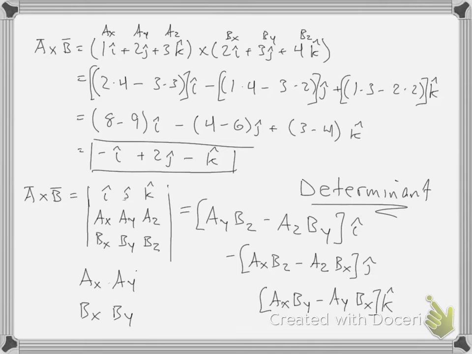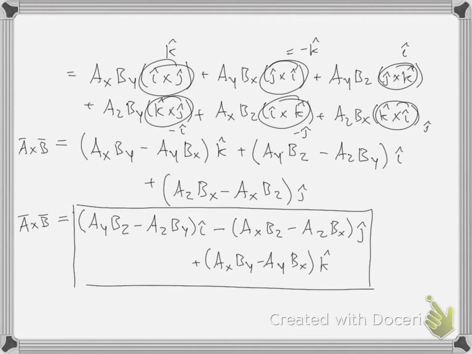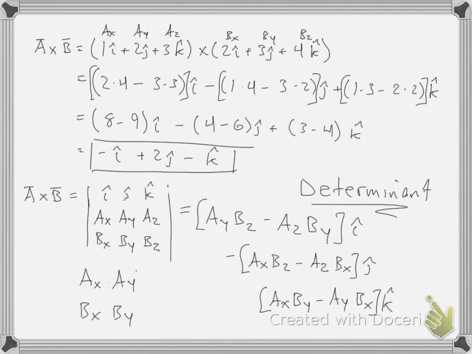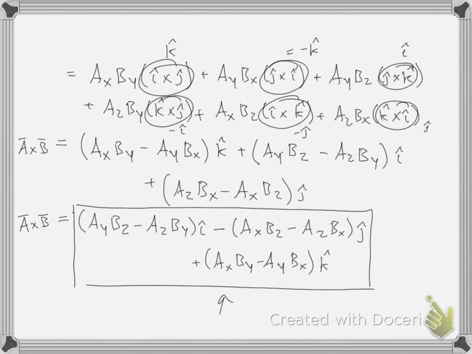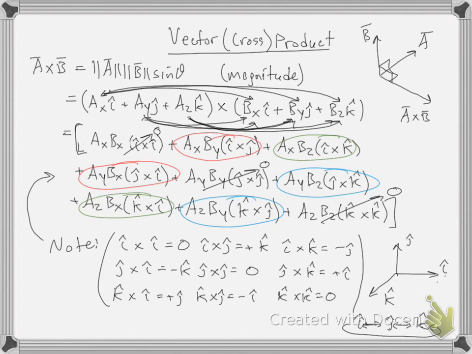So this is actually the same as here. It's the same. AYBZ minus AZBY. It's the same exact thing. But this determinant right there, that's just a shorthand to do this 9-term mess.